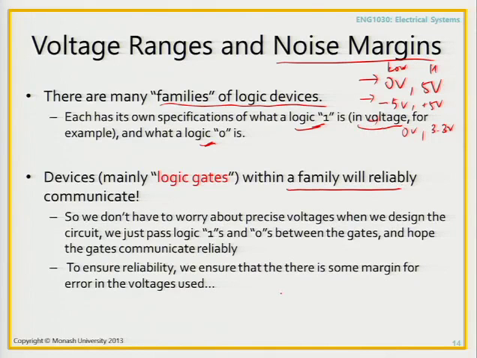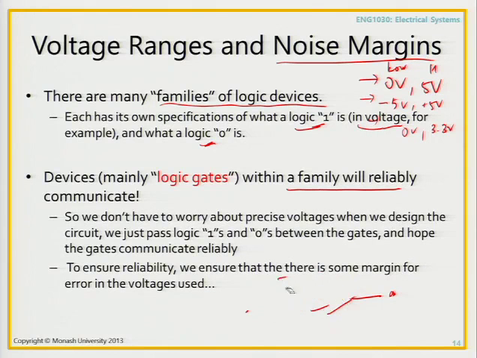So if I have one logic gate here that talks to another logic gate here, and these two are of the same family, let's say they're both TTL, transistor-transistor logic, then if I put signals in here, the signal I get out here should be correct. If I decide to use a different type of gate here, then all bets are off, you may or may not get the correct computation.